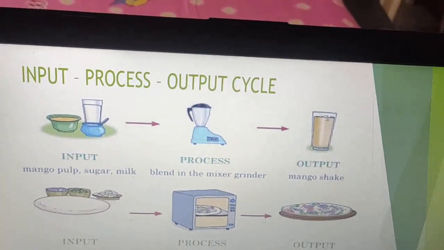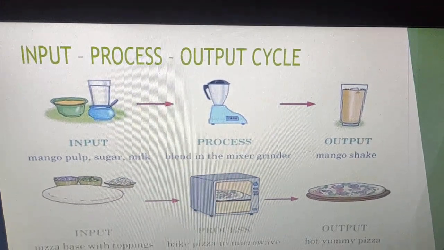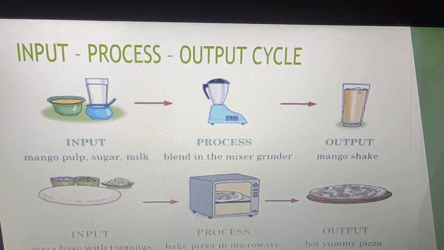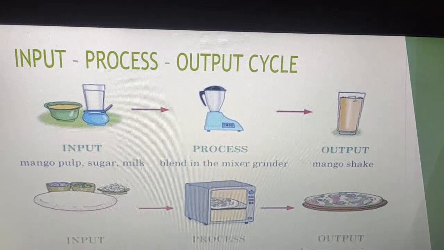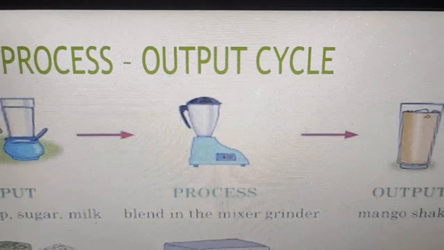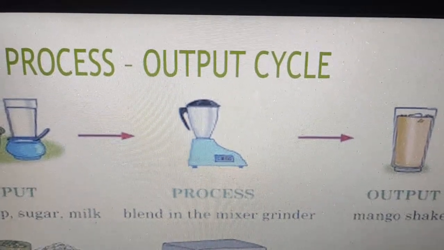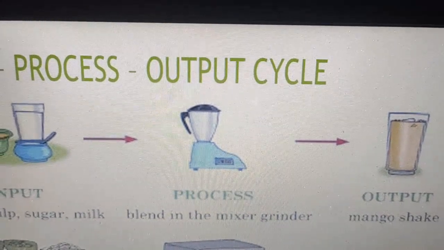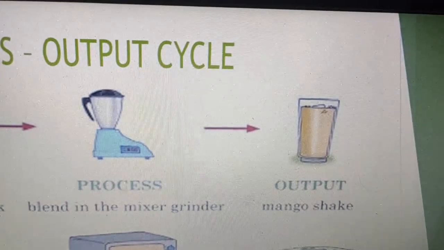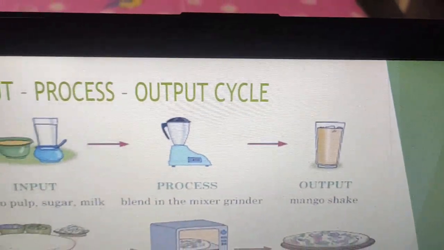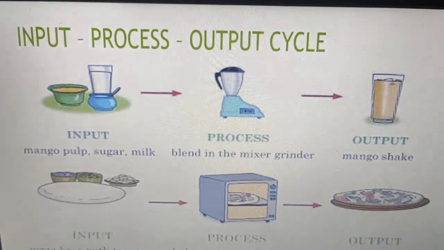Your mother must first be chopping the mango, then adding it in the jar or juicer, then adding sugar and milk in that, and with the help of the blender, the mixer grinder, the juice is processed, and in the result what we get is mango shake as the output. So in this way, let us take one more example.